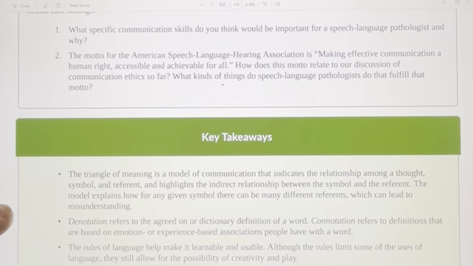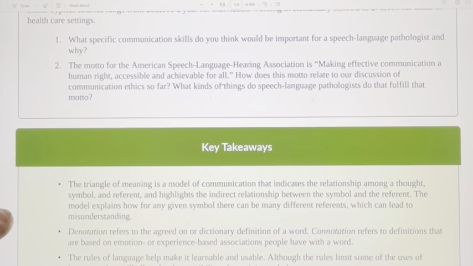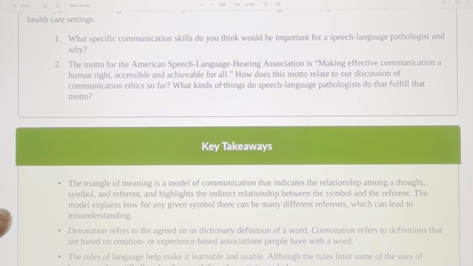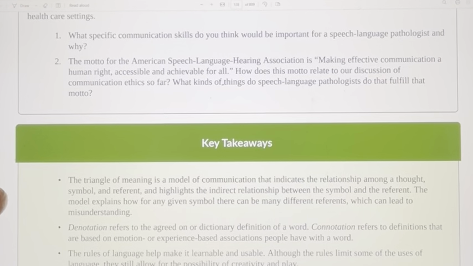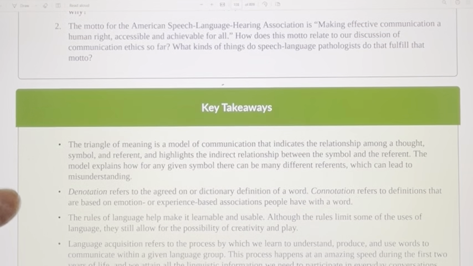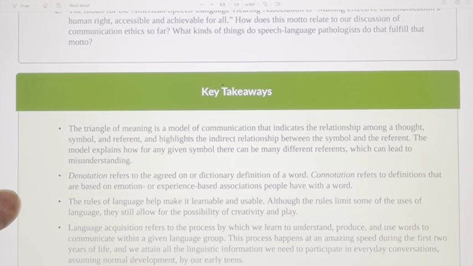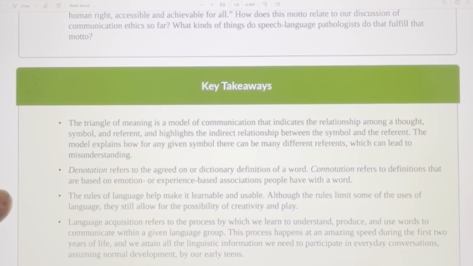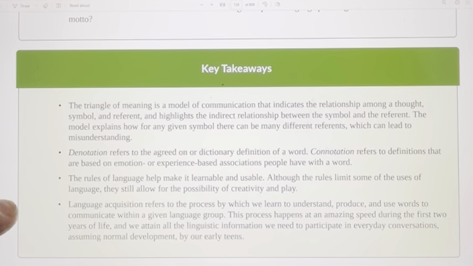You might be working in hospitals on swallowing disorders. You might be working with people who have Parkinson's disease, for example, and they have difficulty drawing a deep breath, and so they can't produce speech. You can work in so many different settings in that field, but it is a little difficult to get into graduate school. So if it's something you're interested in, it requires some planning ahead.